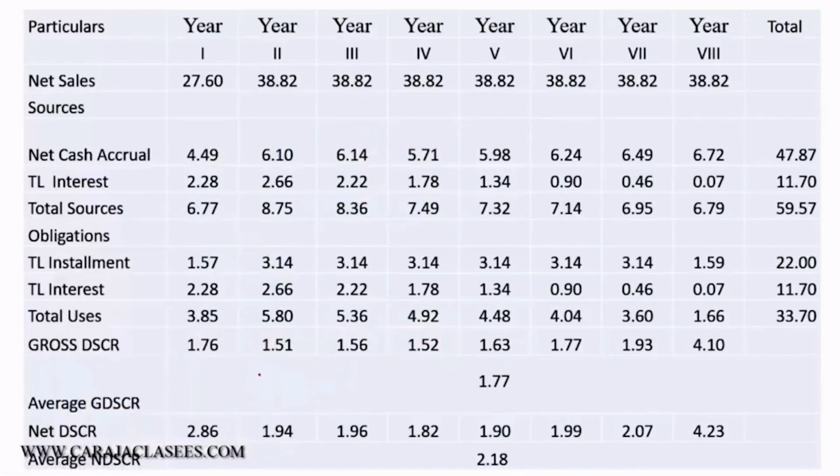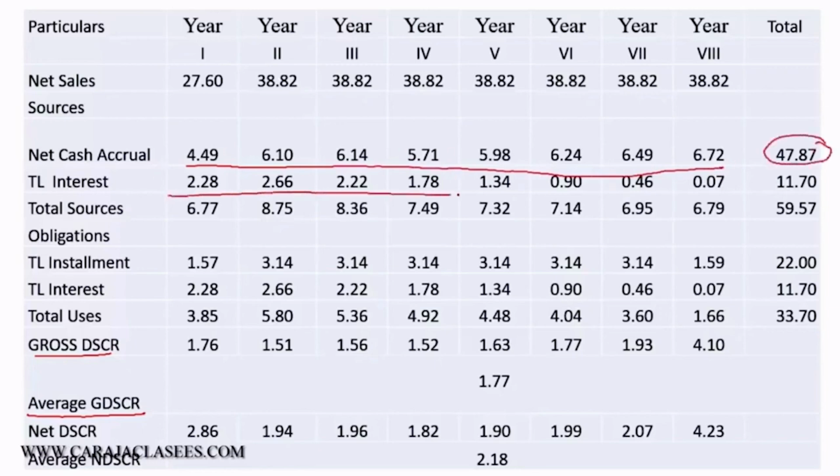Okay, so this is gross DSCR. We also have the concept called gross average DSCR. How is this gross average DSCR calculated? See, look here. You had net cash accrual, right? This net cash accrual for all the years is added here. Then term loan interest for all the years is also added. 47.87 plus 11.70 gives you 59.57.